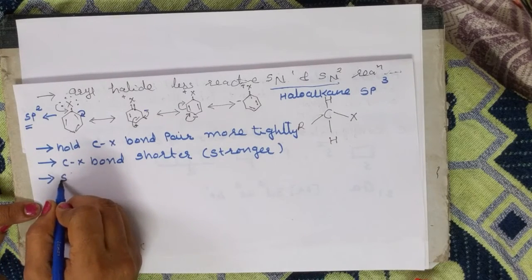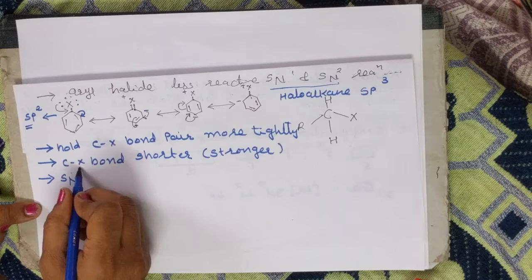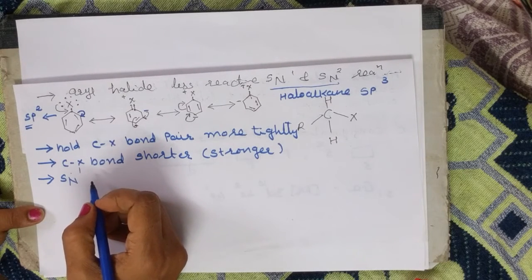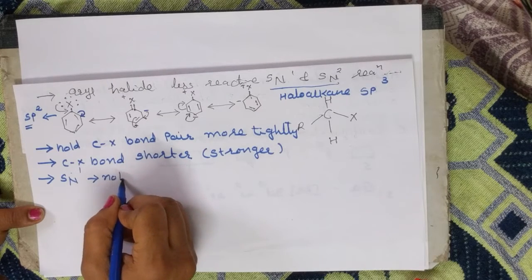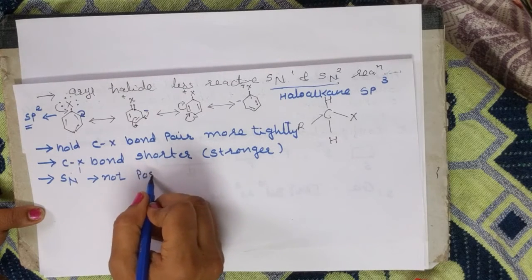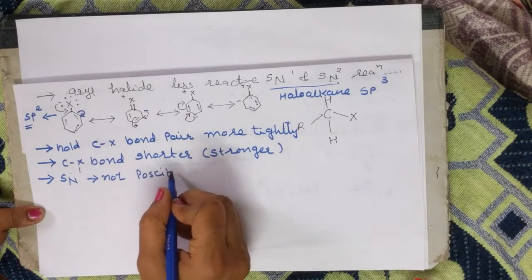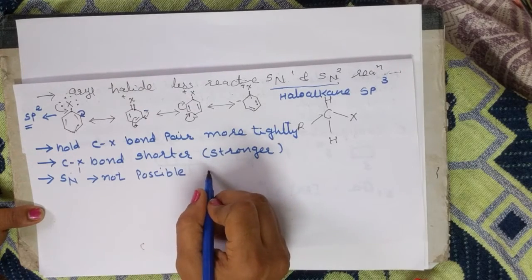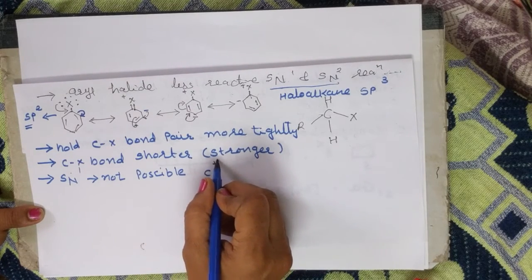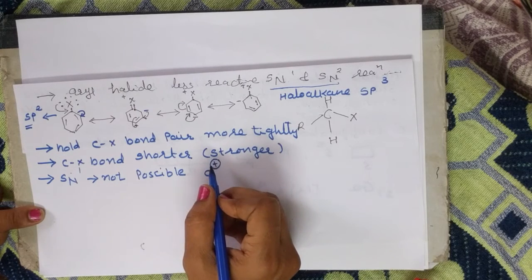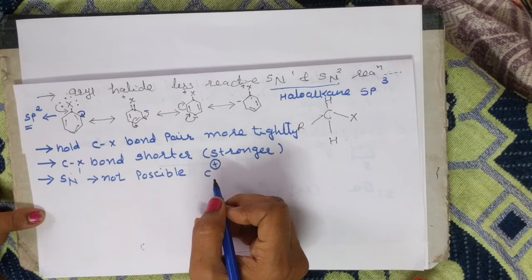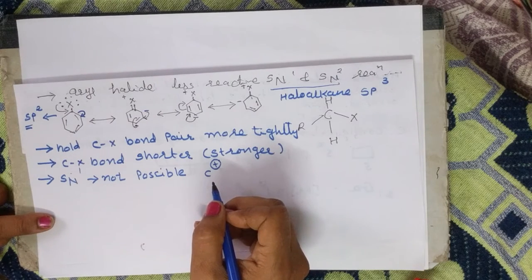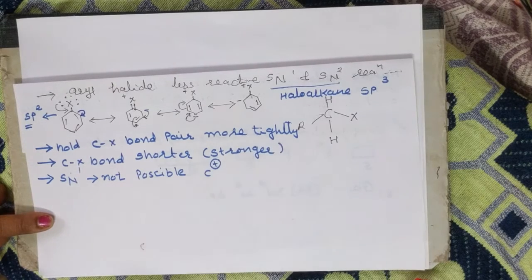SN1 mechanism is not at all possible. Why is it not possible, student? Because as you know, in SN1 a carbocation must be formed. Here the carbocation formed from haloarene is highly unstable due to absence of resonance.